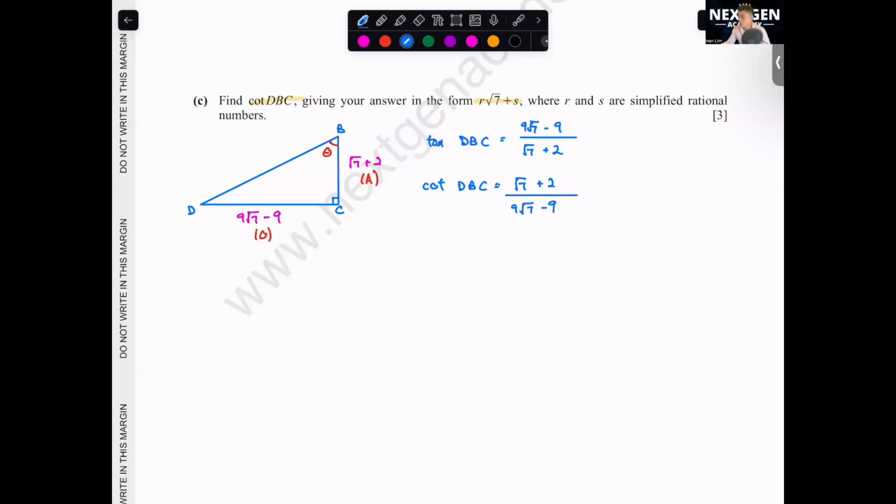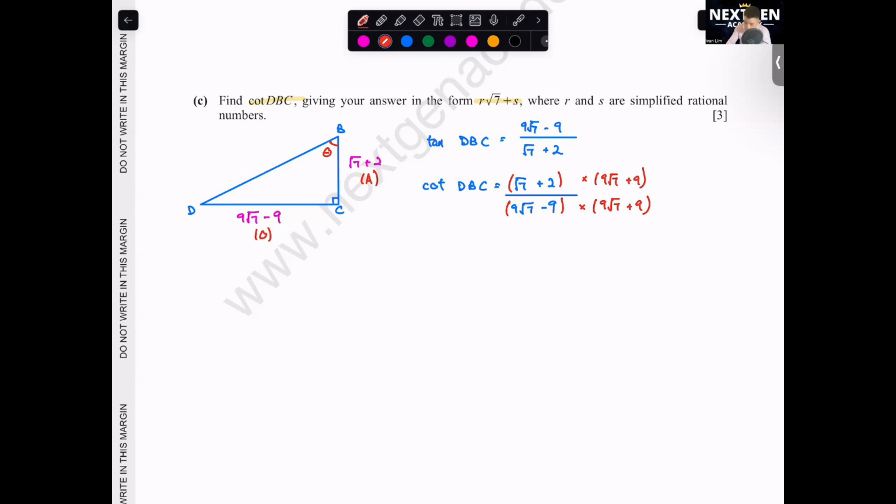Over here, there are a few ways you can do it. You can factorize the bottom first, the 9, or if you want to rationalize the entire thing immediately, also can. Let's just rationalize it. Bottom, we multiply by the conjugate, which means I multiply by 9 root 7 plus 9. This one, 9 root 7 plus 9.